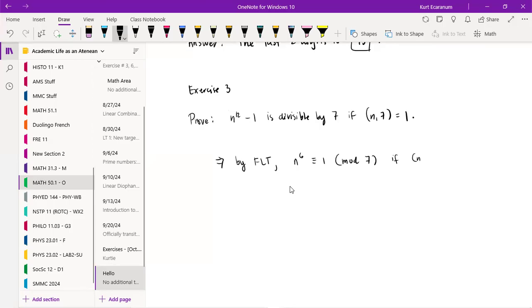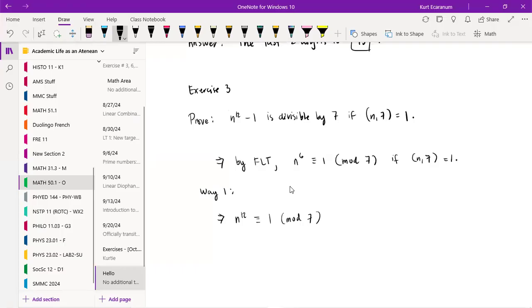So, ibig sabihin, dahil alam nating n to the 6 is congruent to 1 mod 7, we can just raise both sides by 12 to see that this is also 1 mod 7.